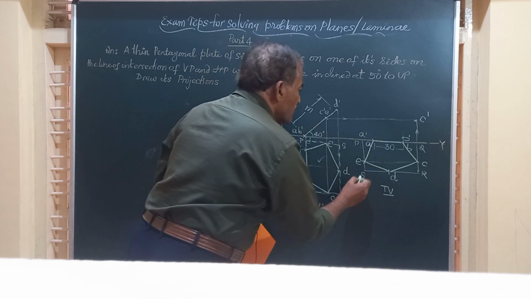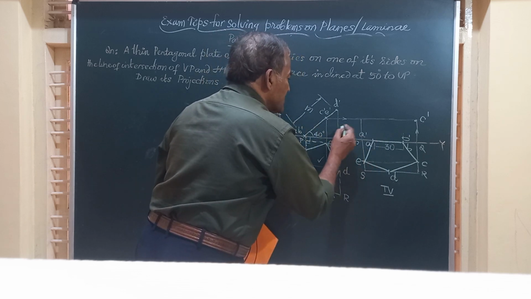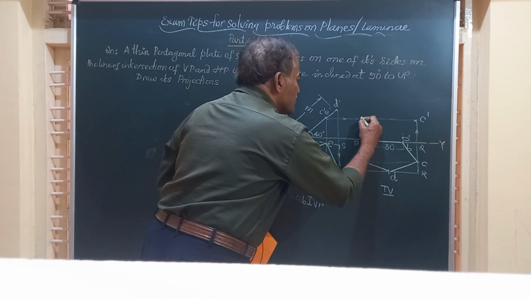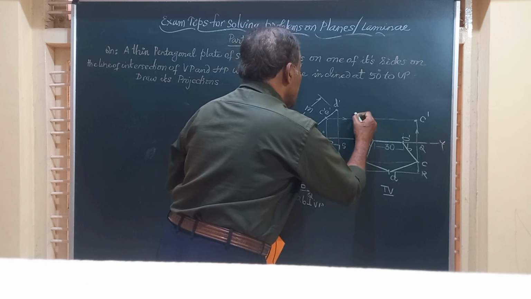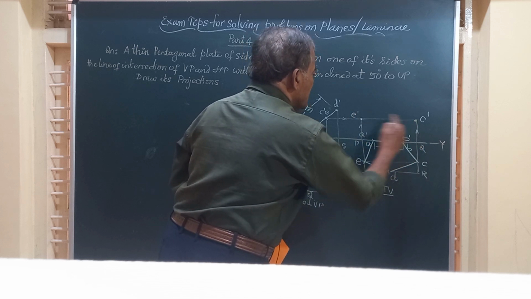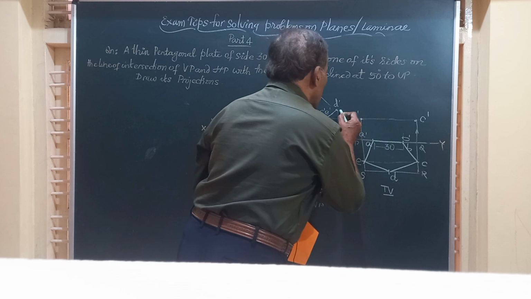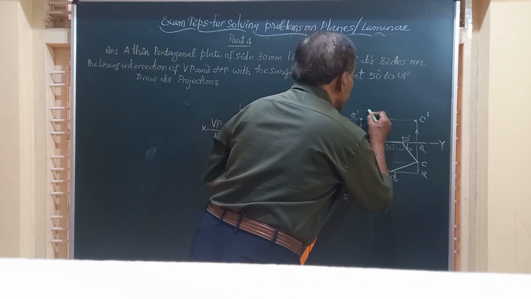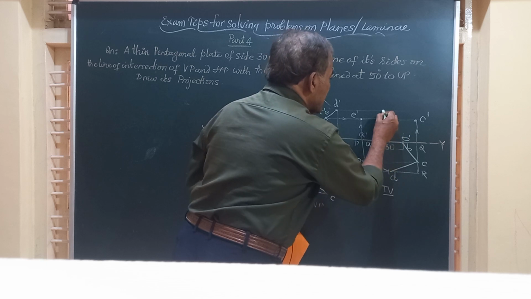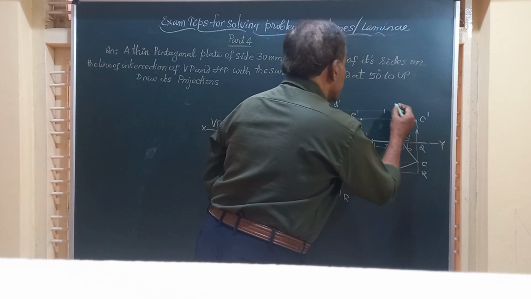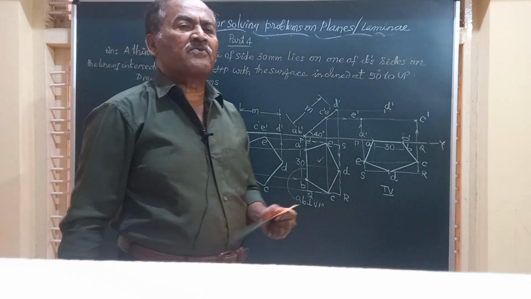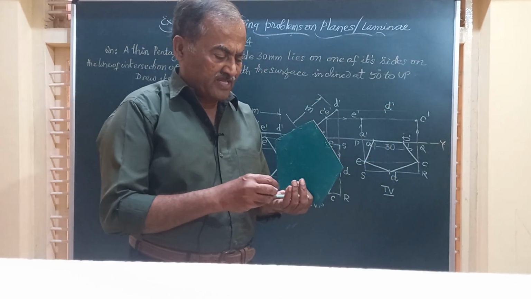Similarly, E, vertical from E and horizontal from E, they intersect at this point, and this is going to be point E dash. So you got A, B, C, E, D. Draw a horizontal line through D, a vertical line through this that goes exactly in between, and you will get this point D dash. Friends, we have got all the 5 corners of the lamina.